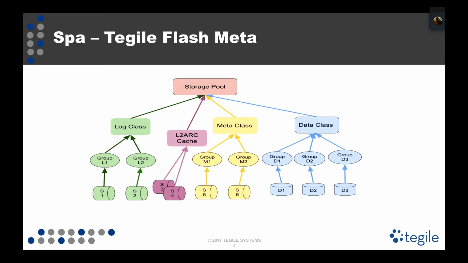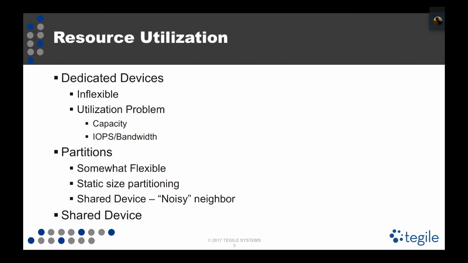When we started, Tegile added another class, a meta class, especially for putting all the metadata on faster media, SSDs, so that we can put things like all the indirect blocks, dedupe indexing tables and all that on a meta class. So it has been a peer to, I'll say, the log class and data class. It gave good improvements in some of the cases, but I'll talk about the problems which it has.